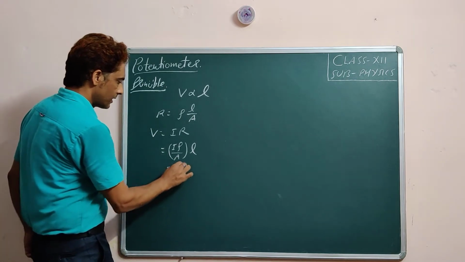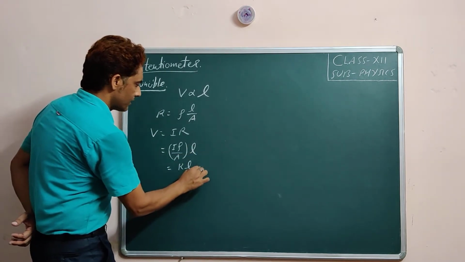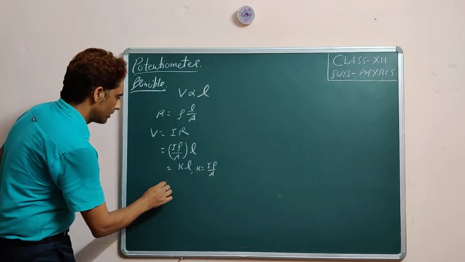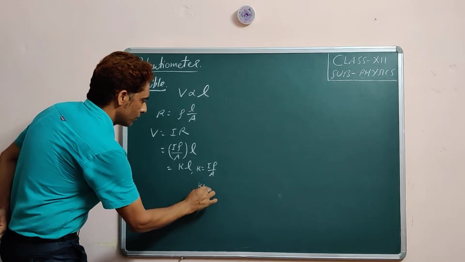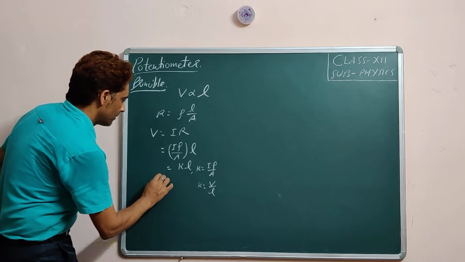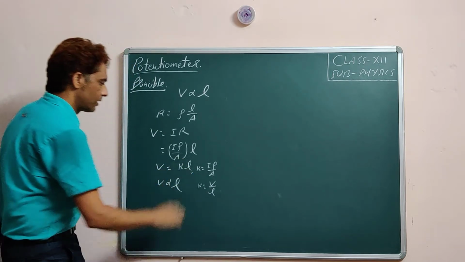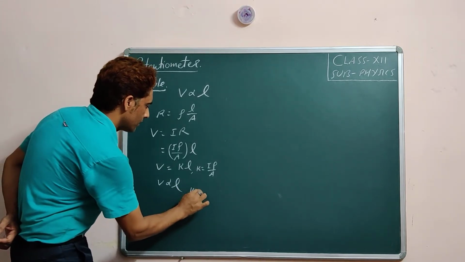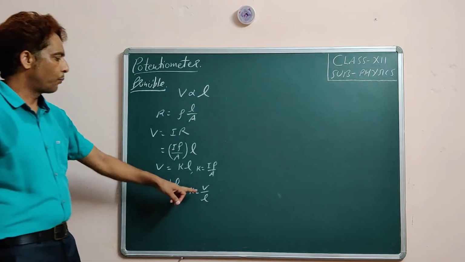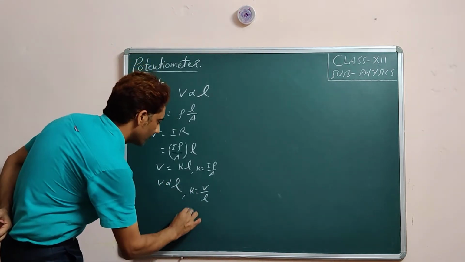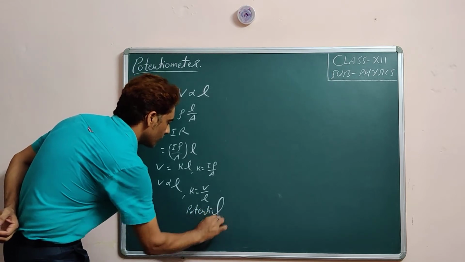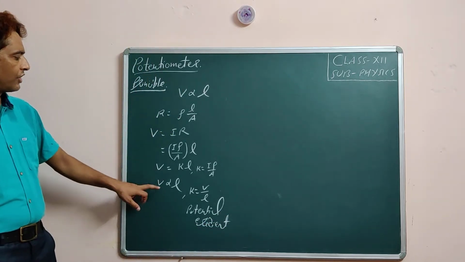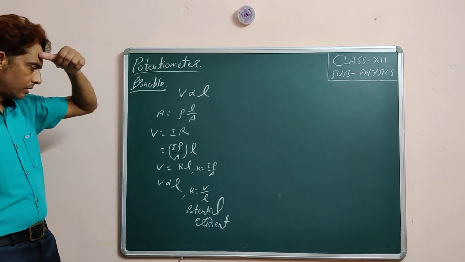So we can write it as K into L, where K is I rho by A. Also we can write K is equal to V over L, and from here V proportional to L. So this K, which is equal to V by L, is known as potential gradient. So this is the principle of the potentiometer, V proportional to L.